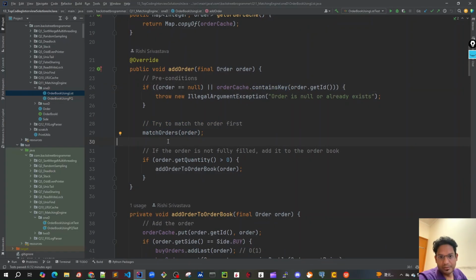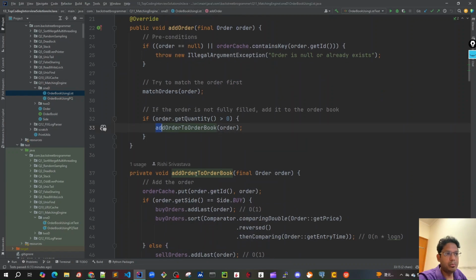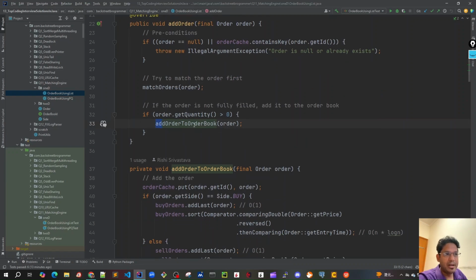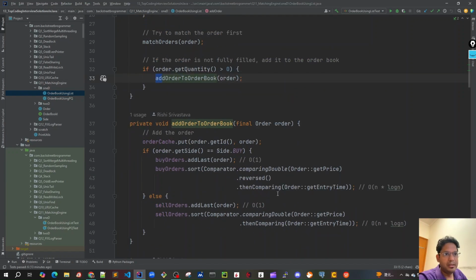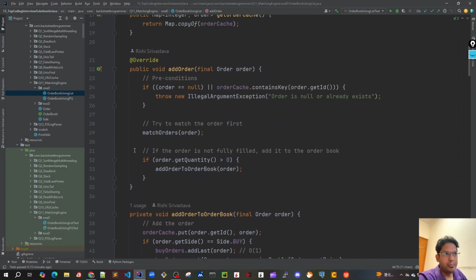We try to match the order first. Only if, after matching, this order has any unfilled quantity, I mean, if order.getQuantity is greater than 0, only then are we going to add the order to the order book. As we know, if you want to add an order to the order book, then we have to do the sorting part, and the sorting part is n log n. This is what we want to avoid.